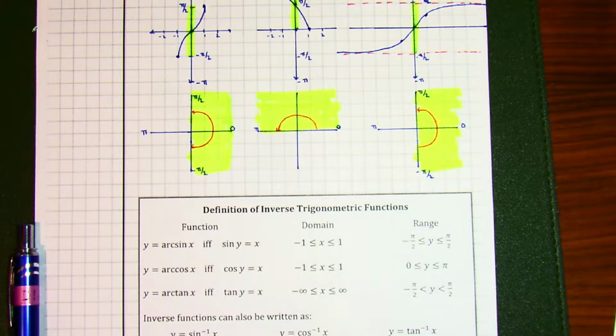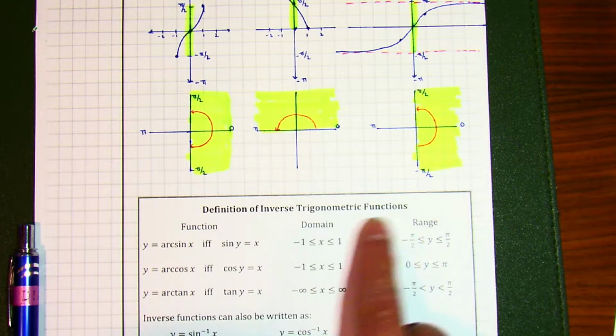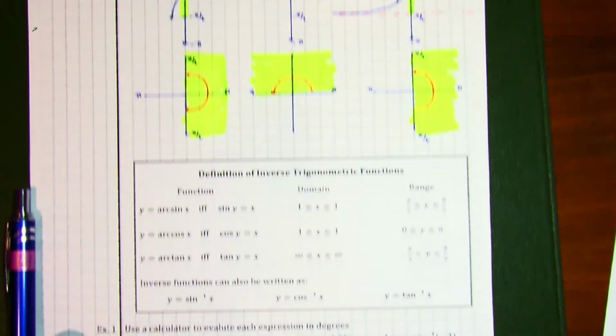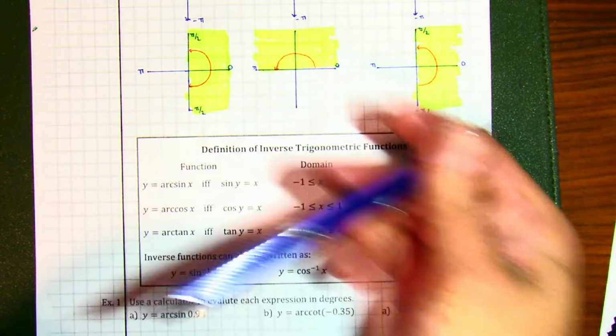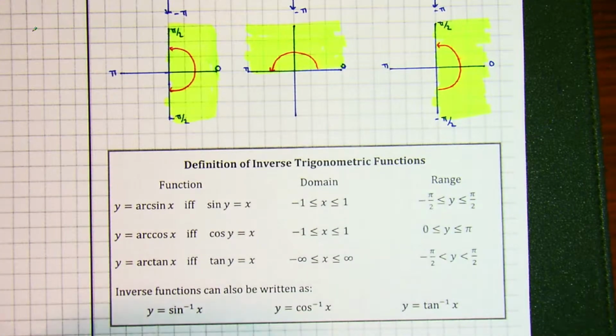So the definition of inverse trigonometric functions. This is the function arc sine, which is the same as the inverse sine, which is right below. So therefore, those two expressions are the same.